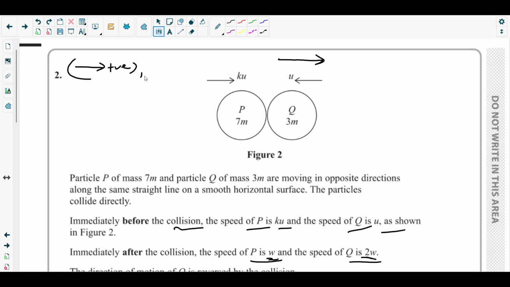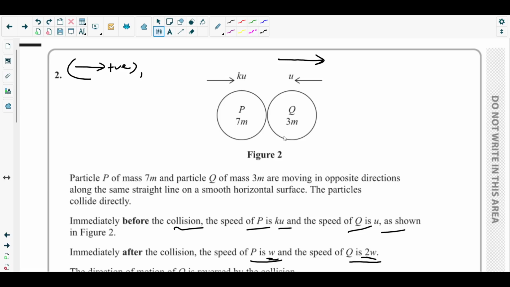Just keep in mind that the direction opposite to the one you take as positive will always be negative. So we are taking the direction to the right as positive.